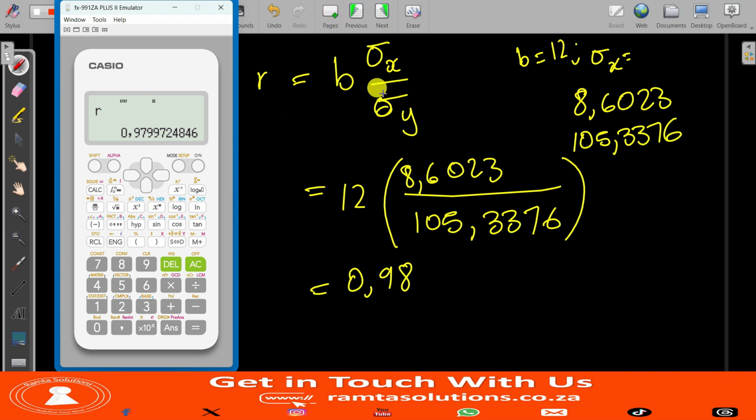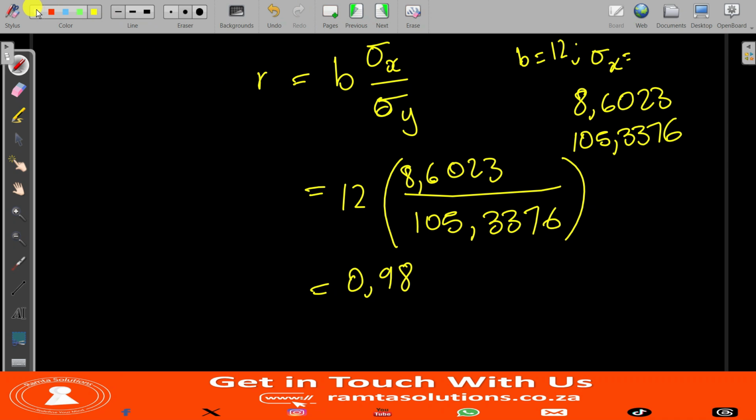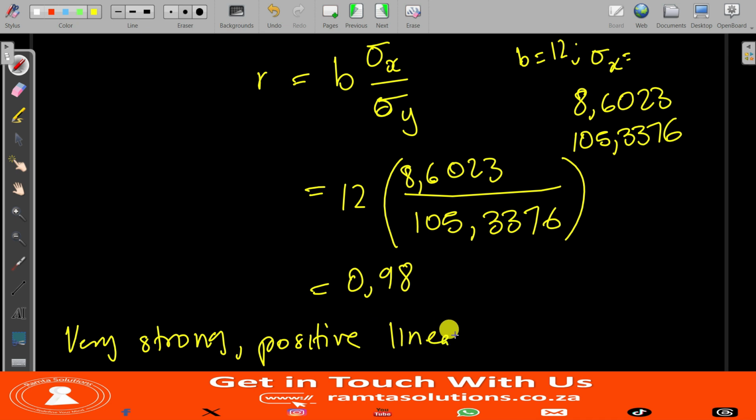Now, they said we must comment on the relationship. So the relationship here, we will say, is a very strong positive linear relationship. All right, it's okay to say this.